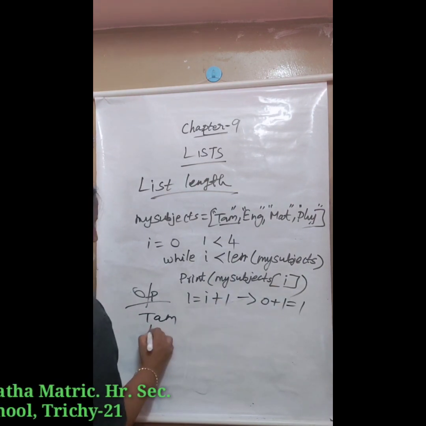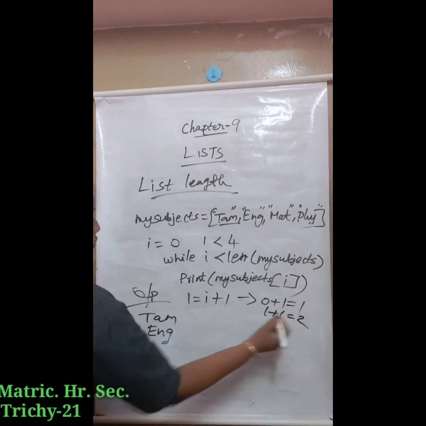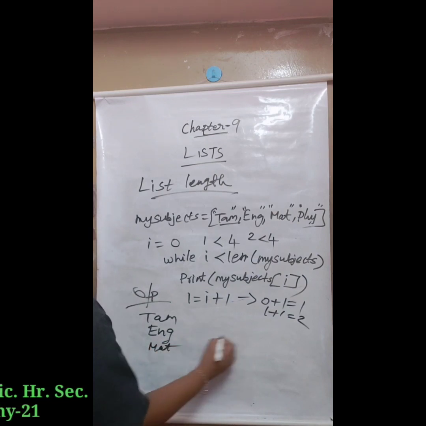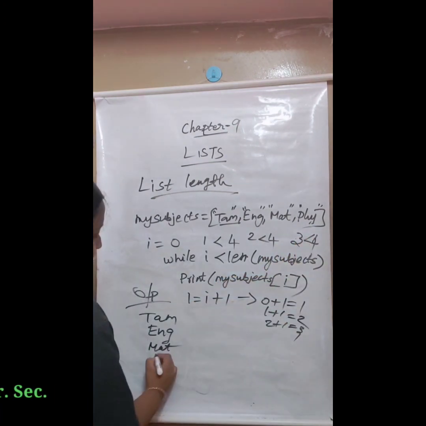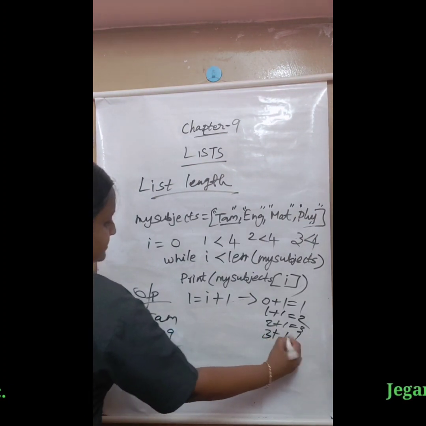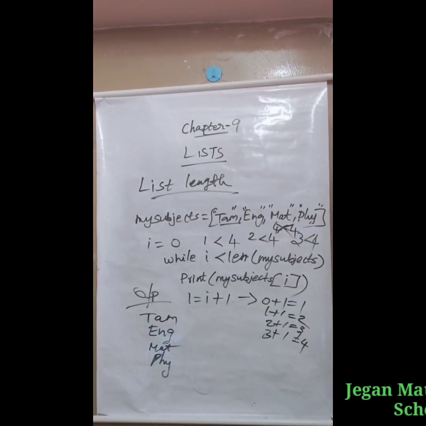The next value is English, and then 1 plus 1 is 2, 2 is less than 4, condition true. Then it prints Maths, and then 2 plus 1 is 3, 3 is less than 4, condition true. It prints Physics, and 3 plus 1 is 4. Here 4 is less than 4, condition false. So it produces the result Tamil, English, Maths, Physics. So this is how to display list elements using the loop concept.